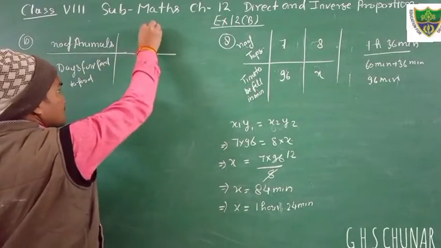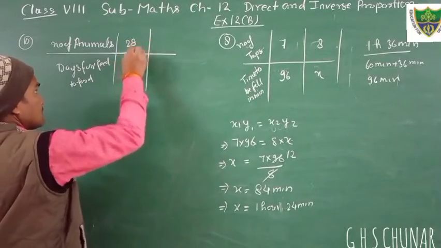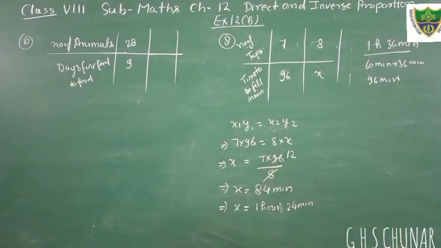That is 28 animals for 9 days. Next, how long would the food last if there are 8 more animals?